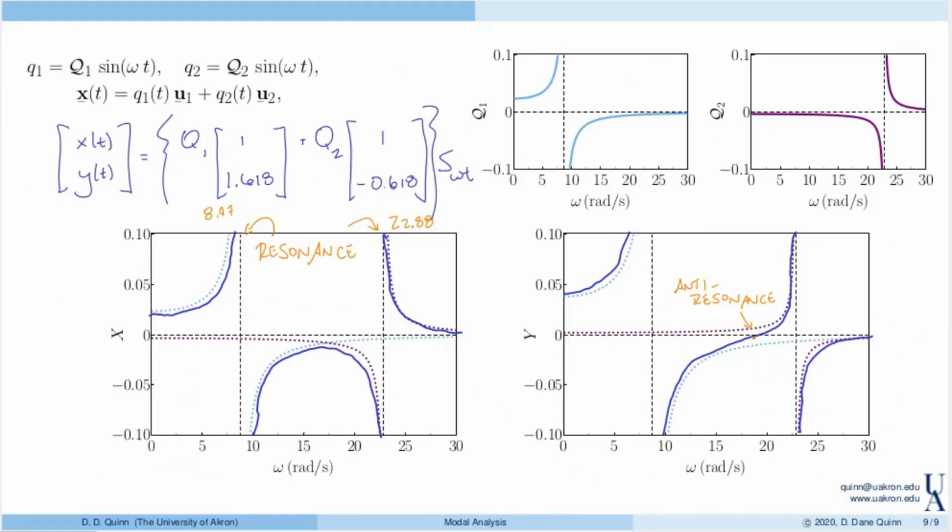It does not move at this value of the excitation, which is roughly 18.5. So at this anti-resonance, block 1 is moving around, say, this value here, but block 2 is completely stationary. This is kind of interesting.